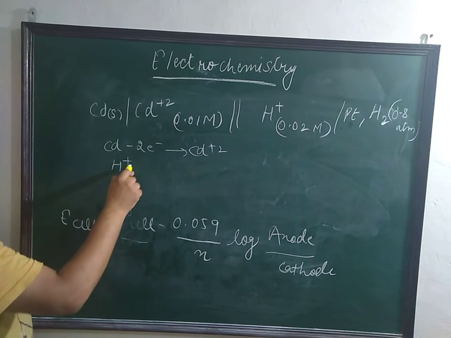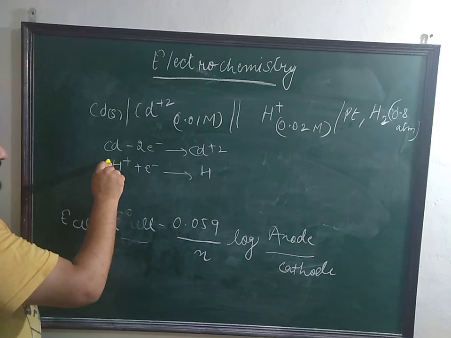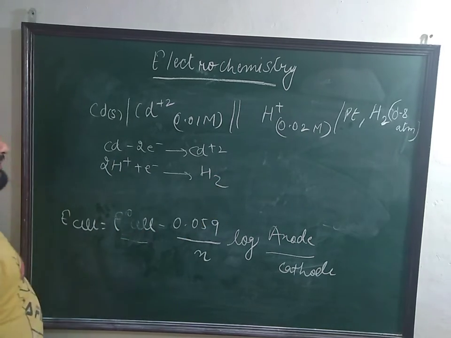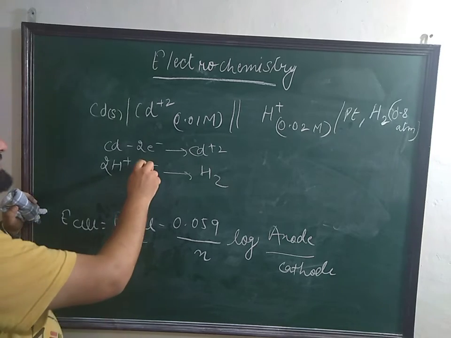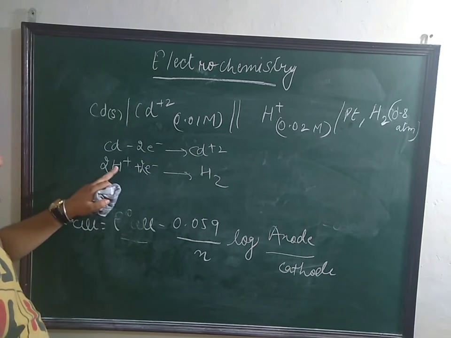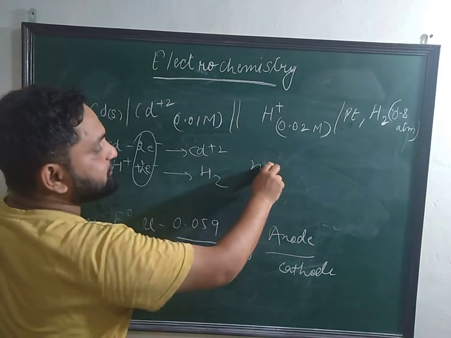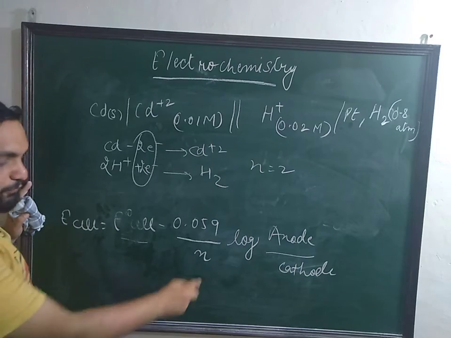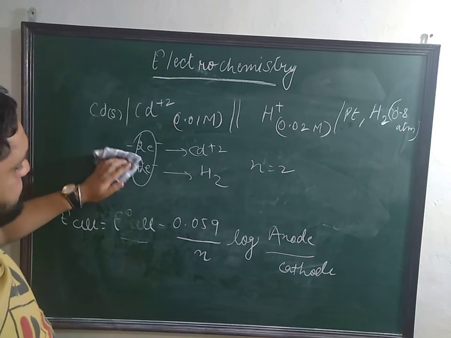Simultaneously, H positive is gaining 1 electron to convert into H. But we know very well that H exists in the form of H2, so there is an exchange of 2 electrons. So the value of n is equal to 2. Put n equal to 2.